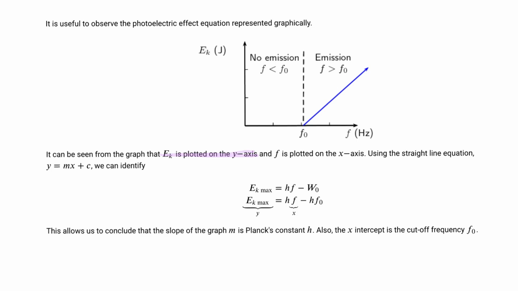That means you can take those values and put them directly into your equations. So I can take the value straight from the graph on the y-axis, and that forms part of my formula. Your x-axis is your frequency, and that value can go straight into your formula as well.